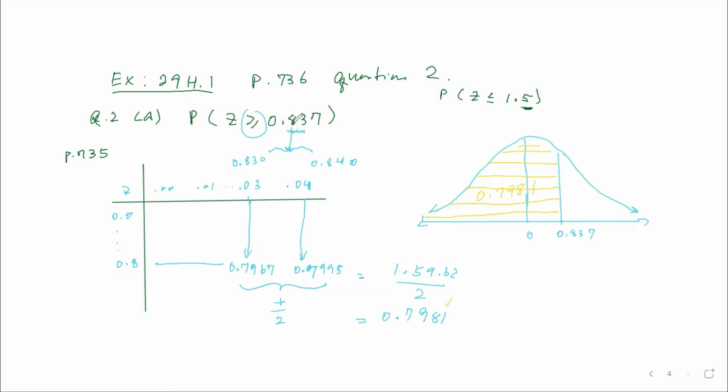But the question wants to find greater than this one. So the answer should be here, right? The answer they want is here, the green one here. Because the whole area is 1 unit or 100%. So in this case, you have to get 1 minus this one, 1 minus 0.7981 equal to the green area.